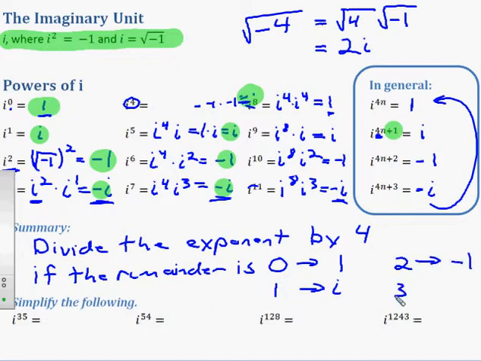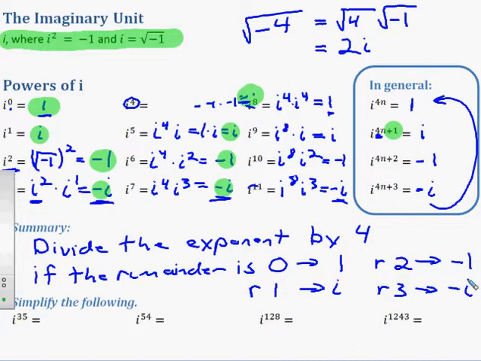And if the remainder is 3, we'll get negative I. Maybe I should put an R here: remainder 1, remainder 2, remainder 3. And so now, knowing this, we're going to divide our exponent by 4, and whatever the remainder is can help us find the value of that actual imaginary power. So what we have, I to the 35th, 35 divided by 4.